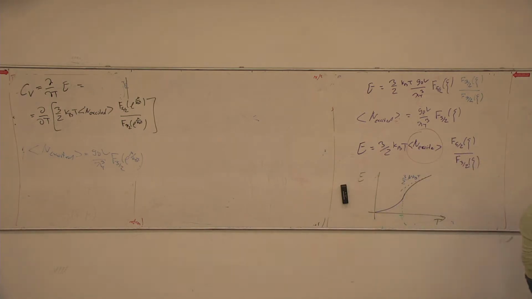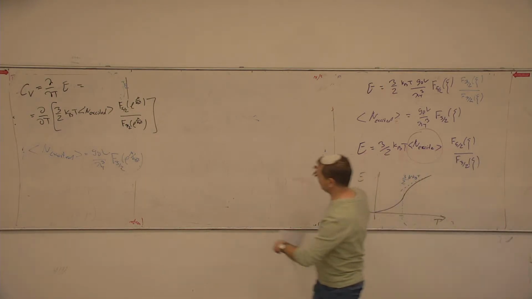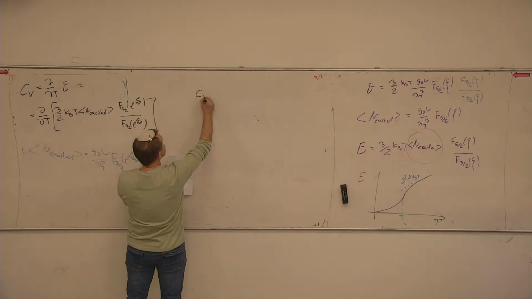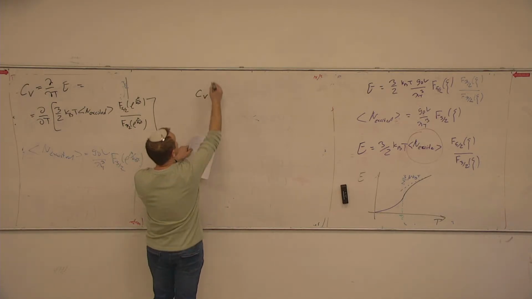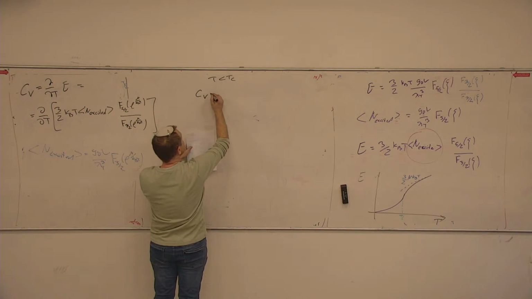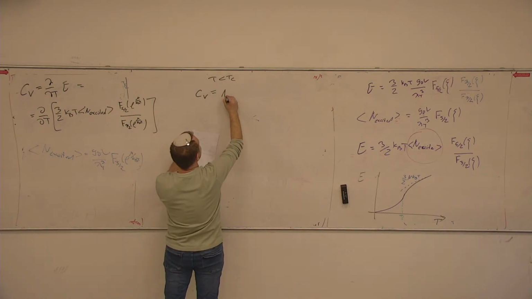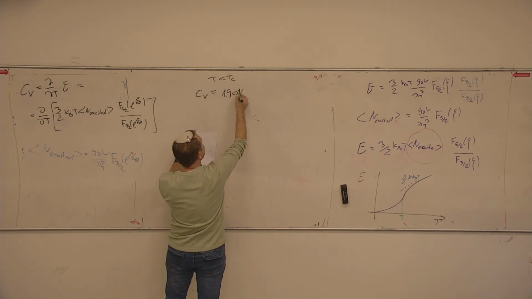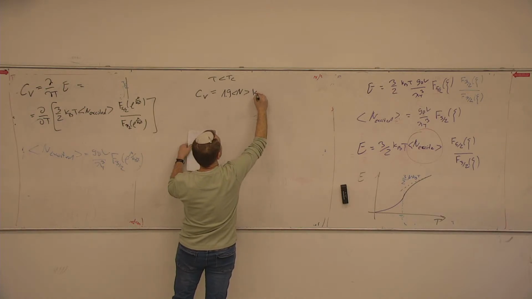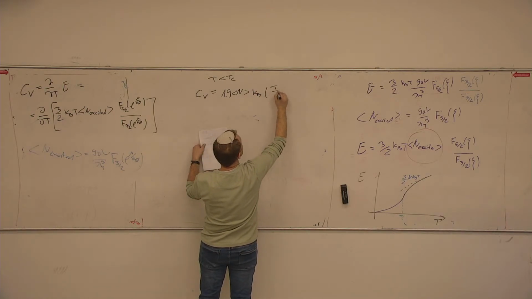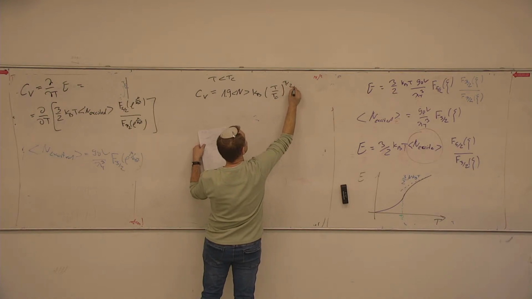It's an ugly derivative that takes a lot of time. So CV for T smaller than Tc equals 1.9 times the total number of particles, k Boltzmann, and again T divided by Tc to the power 3/2.